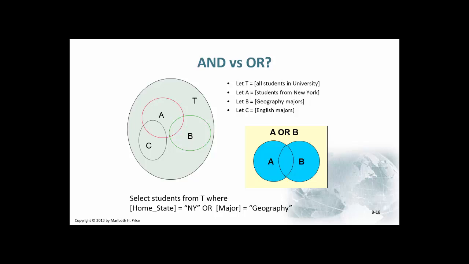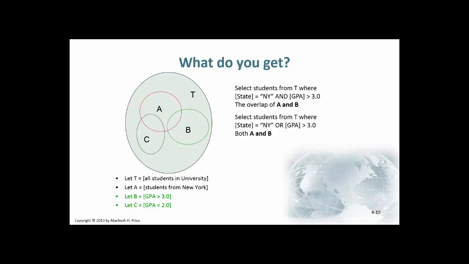The A is for those from New York, while the B are for the population of geography majors. First, you are looking for the students in T from New York and have a GPA greater than 3.0. The results of both conditions must be true. The result is the area of overlap between the circles A and B.